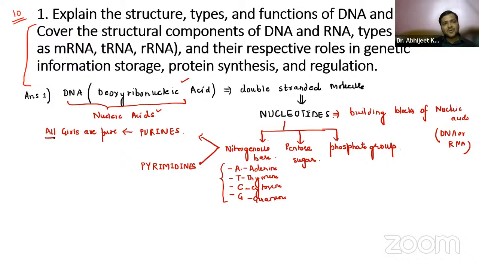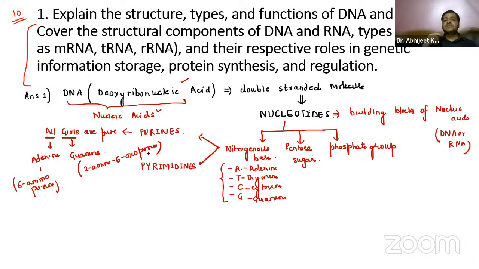So you have to remember it is adenine along with guanine. Adenine is 6-amino purine, and guanine is 2-amino 6-oxopurine.